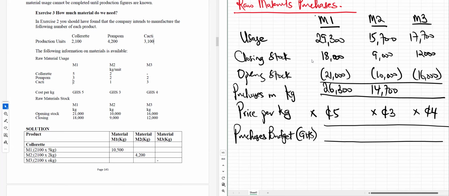The last one? 13,700. Okay, so now we multiply by the price per unit. Then we get our purchase budget in Ghana cedis. Quickly, quickly.